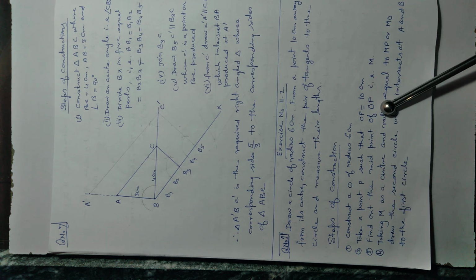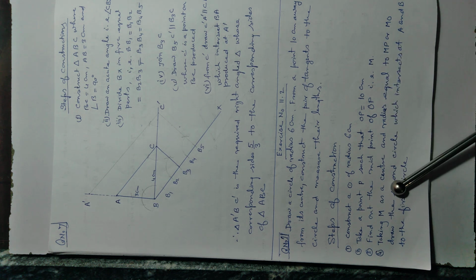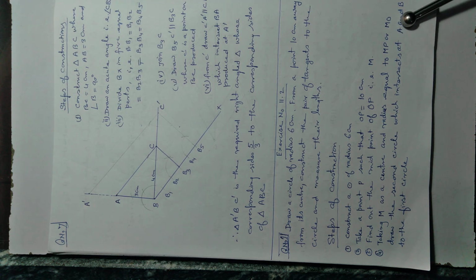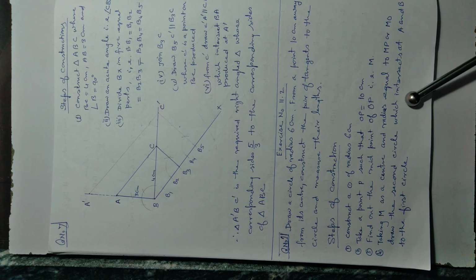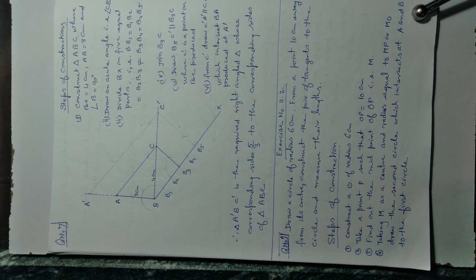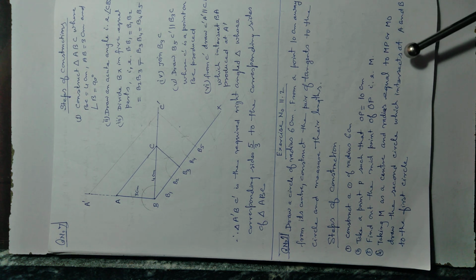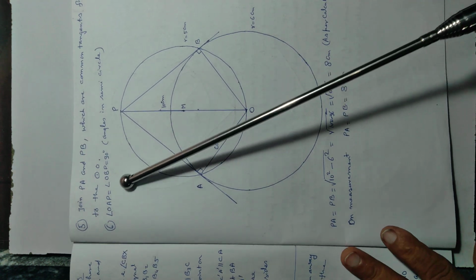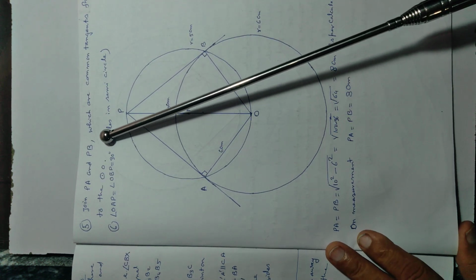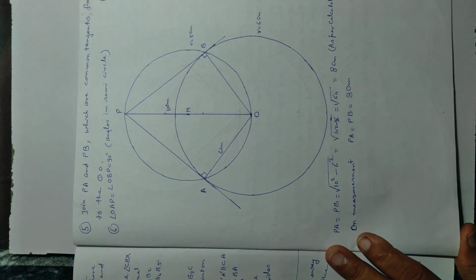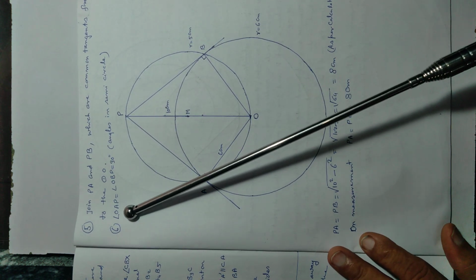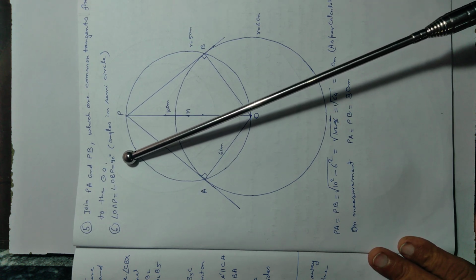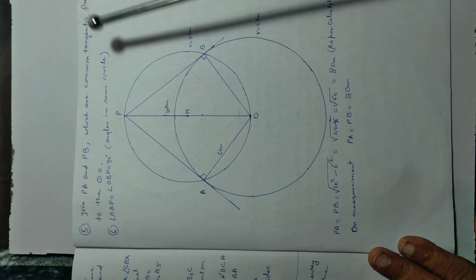Find the midpoint of OP, that is M. Taking M as a center and radius equal to MP or MO, draw a second circle which intersects the first circle at A and B. Join PA and PB, which are common tangents from P to the circle O. The angles OAP and OBP are equal to 90 degrees, the angle in the semicircle.